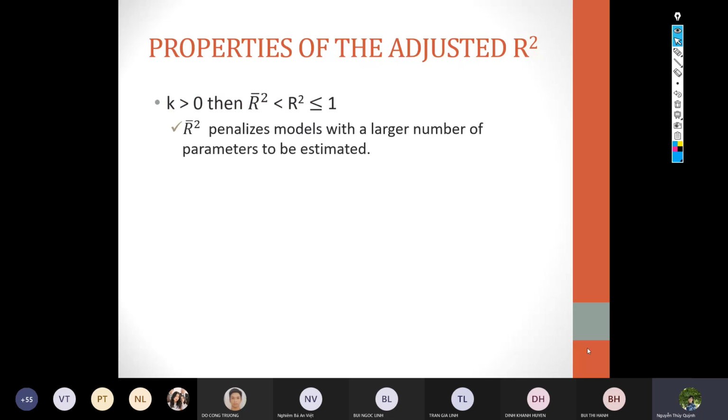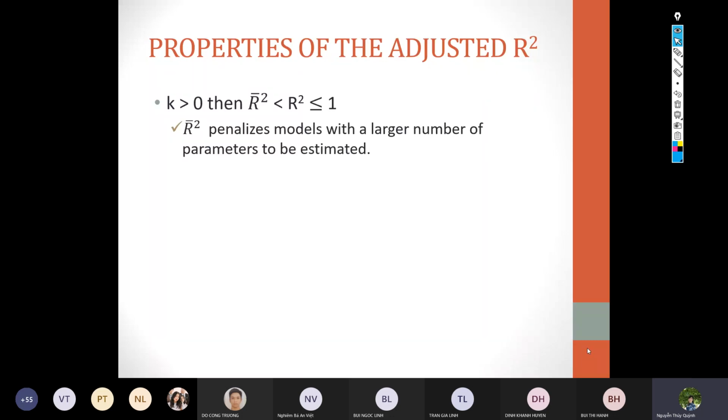Also, look at the formula of the adjusted coefficient of determination. We can see that it penalizes the model with a larger number of parameters to be estimated, which means that it penalizes when we add one more independent variable into the model. As you see, there is some bad effect when we add more independent variables into the model.